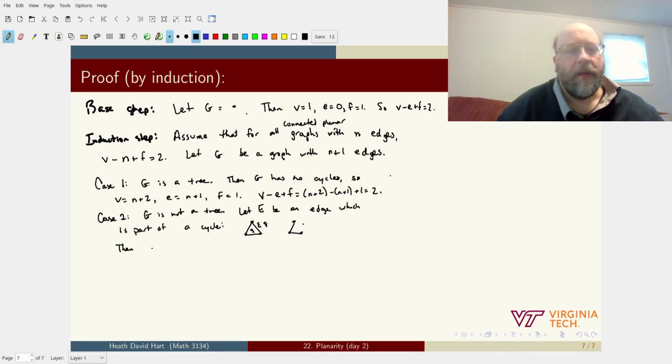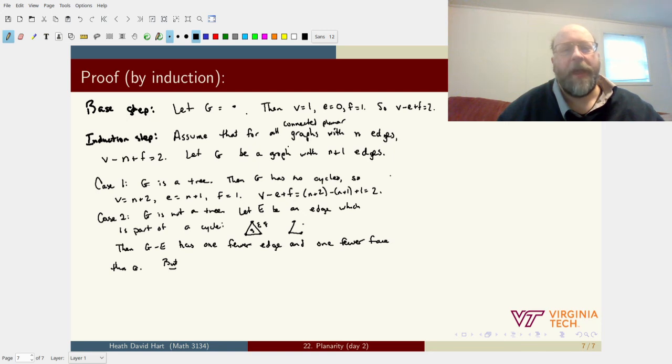Then G minus E has one fewer edge and one fewer face than G. But since G has n plus 1 edges, this means G minus E has n edges.